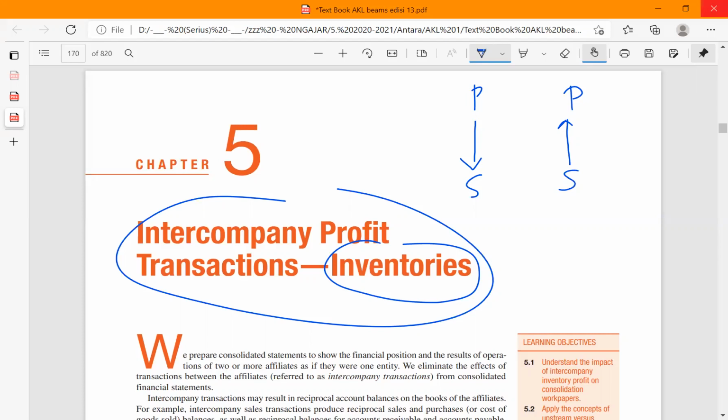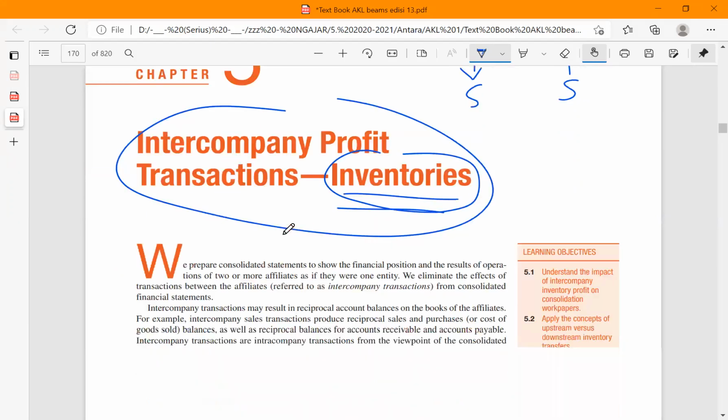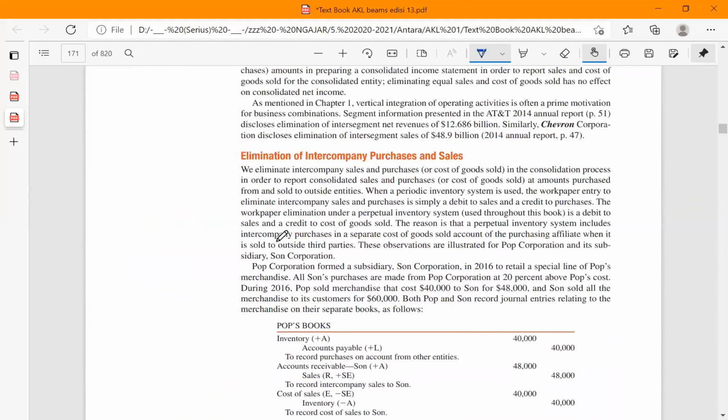So what are the journal entries that the parent company needs to eliminate or adjust when doing a consolidated statement related specifically to the inventory transaction? It starts on this page.